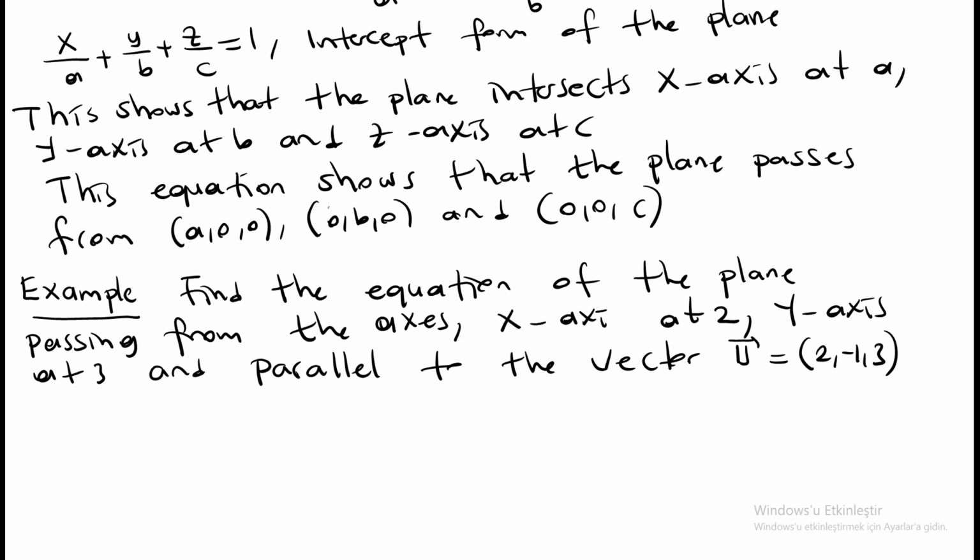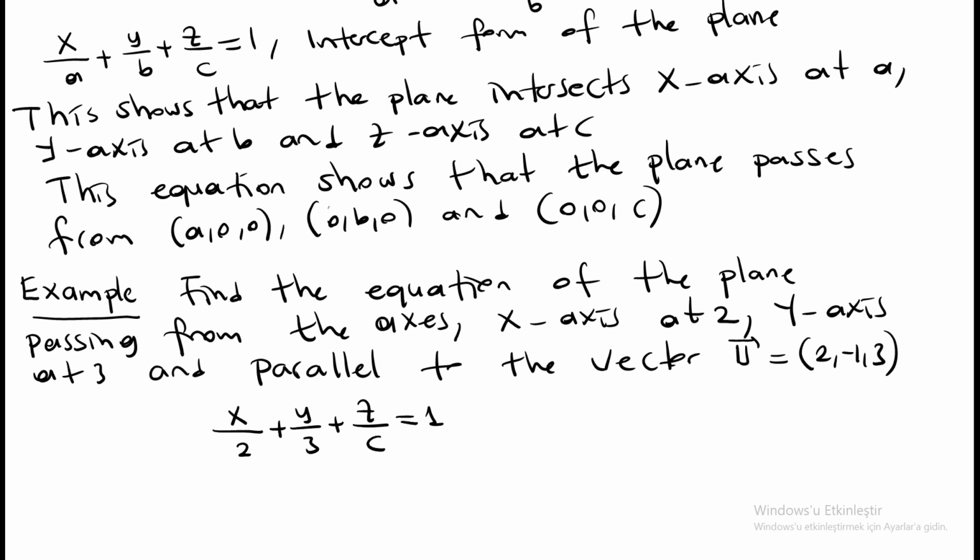X-axis, because it says it's passing from the axis, it means you have this form: x over 2, y over 3, plus z over, let's say, c equals 1. Okay?